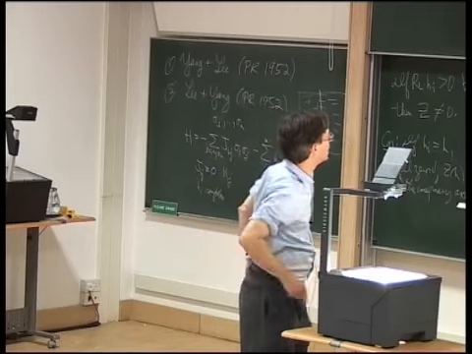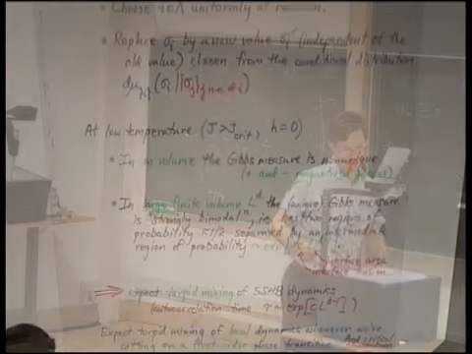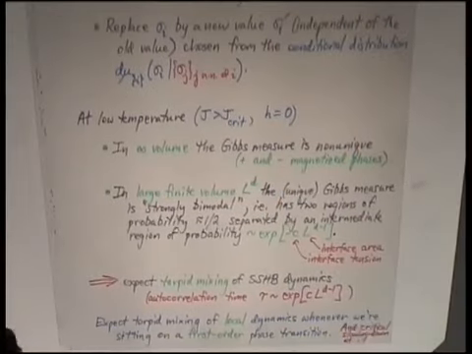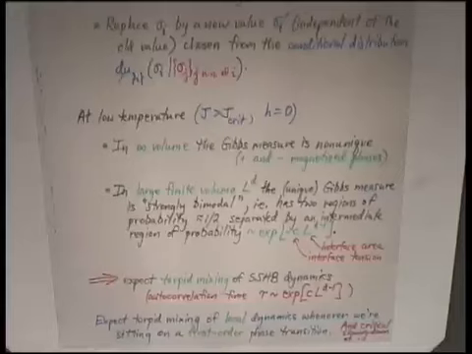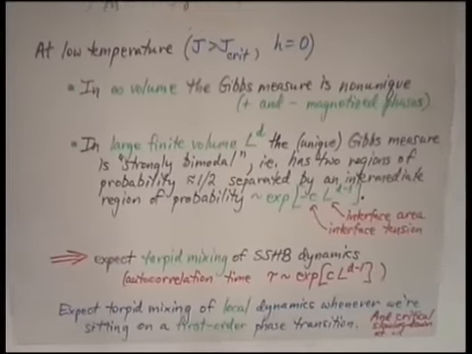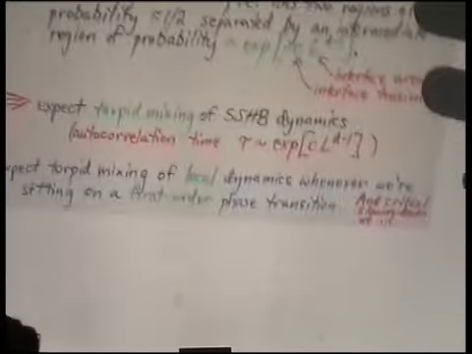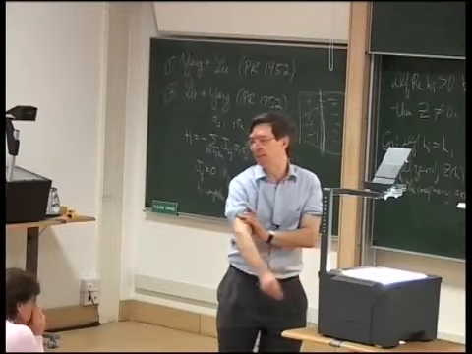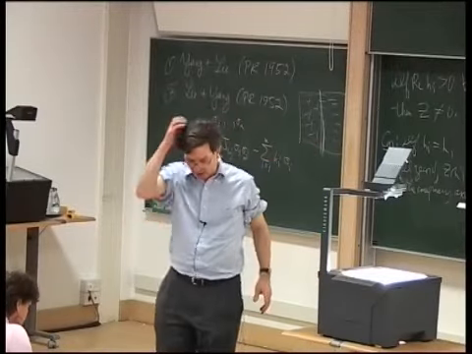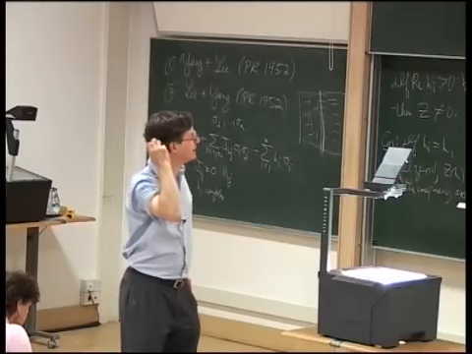And so you expect torpid mixing of the single site heat bath dynamics with an autocorrelation time that is exponentially large in the surface area. So that's an example of a simple case where you expect extremely slow mixing of a stochastic dynamics.